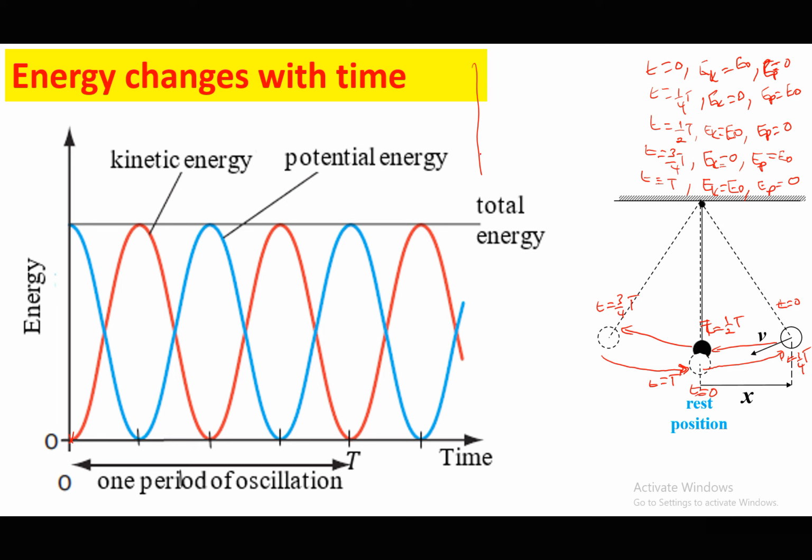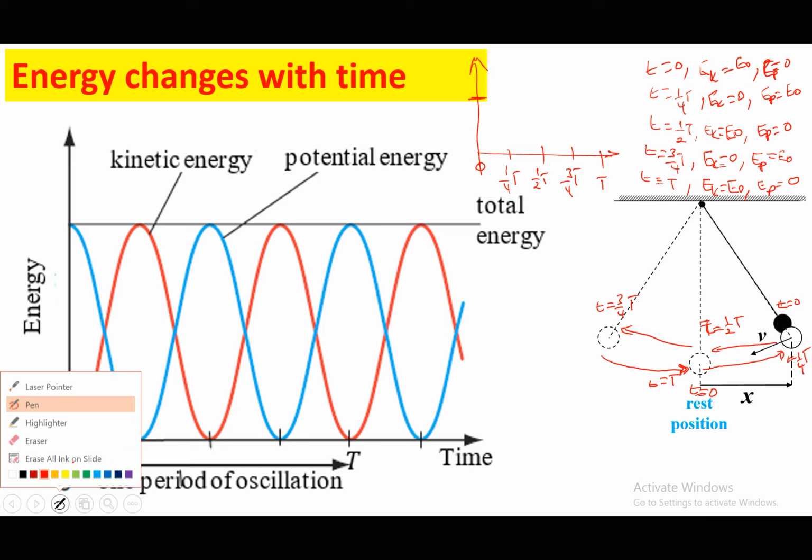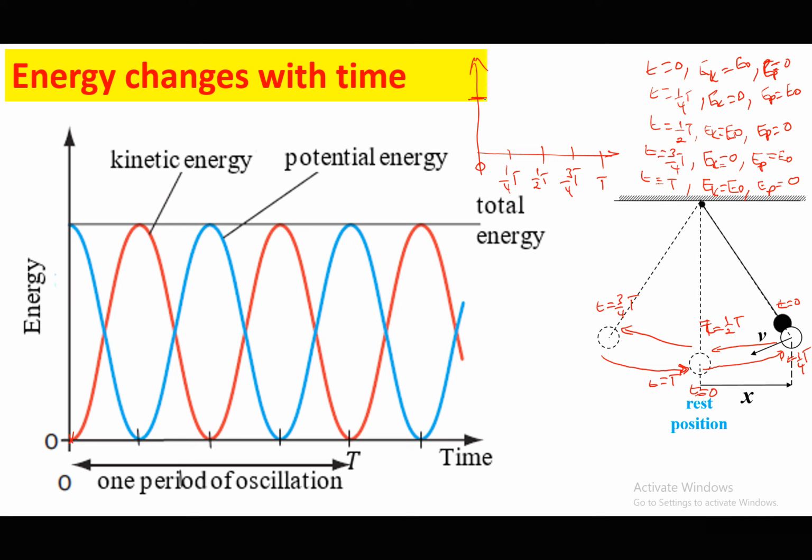And both of them are scalars, so I have energy against time. So I have 0, a quarter of a cycle, half of a cycle, 3/4 of a cycle, and then 1 cycle. Okay, so at t equals 0, I've considered the body passing equilibrium, and I'm saying kinetic energy is maximum when the body is passing equilibrium, but potential energy is 0 when the body is passing equilibrium.